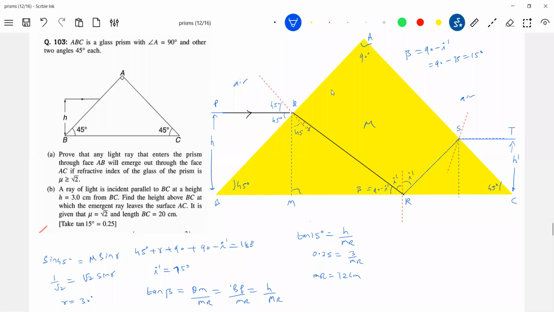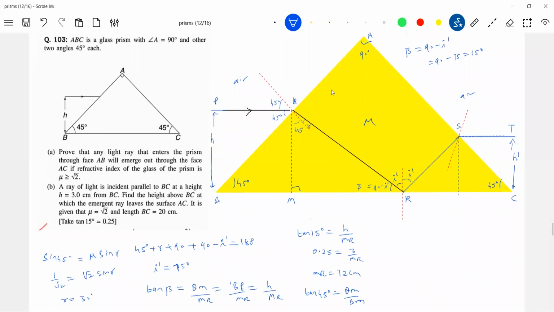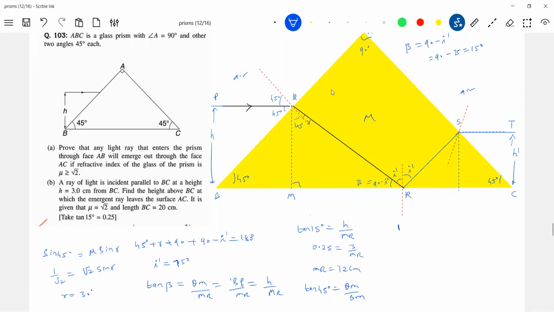BM should be equal to QM because tan 45 is equal to QM by BM. So 1 is equal to QM by BM. QM is what? H. QM is equal to H. Therefore BM is equal to H, equal to 3 centimeter.